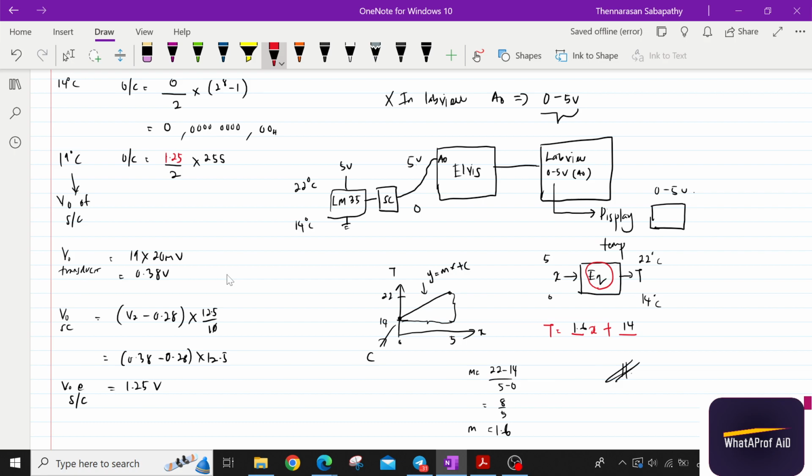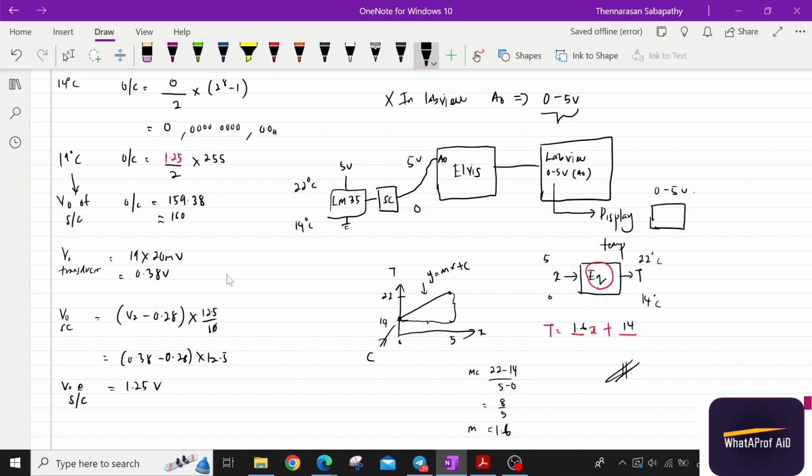So what should be the value over here? 1.25 divided by... 159.38. Okay, for the sake of simplicity, just round off this number, easier.